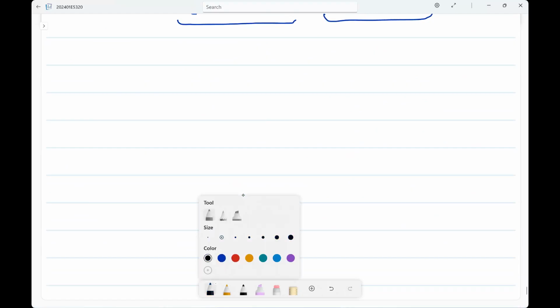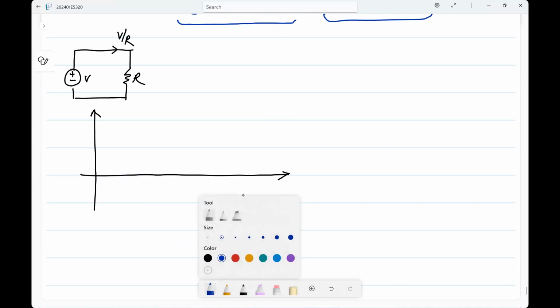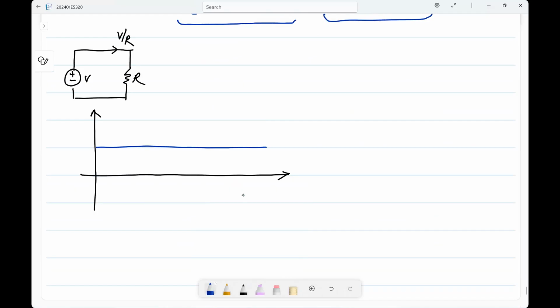So now I've already shown this a couple of times. If you have a voltage V across a resistor R, the current is supposed to be V by R, and for a constant V, this should be just V by R like that, but in reality, you will get some signal like that.